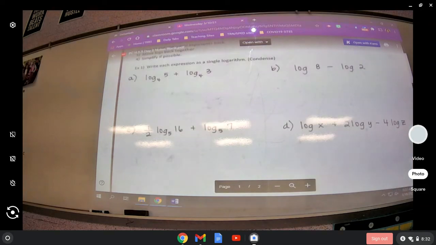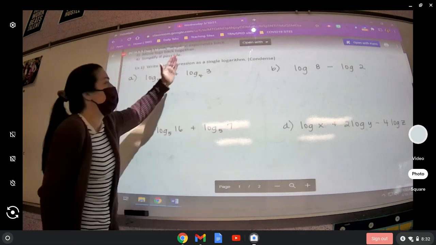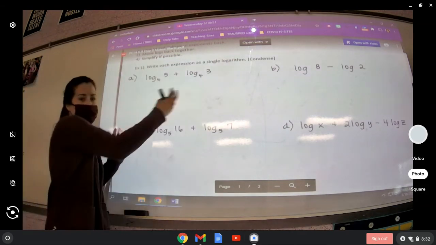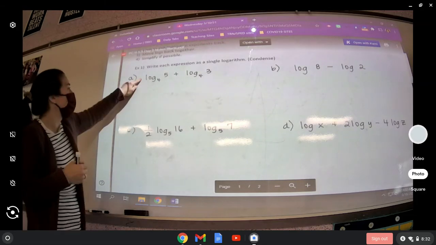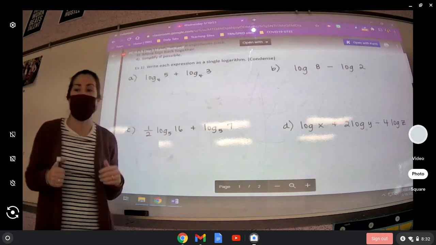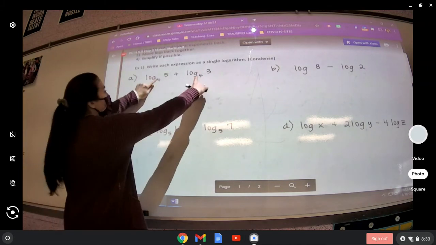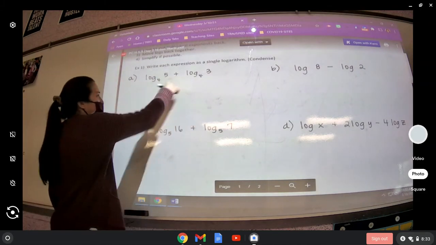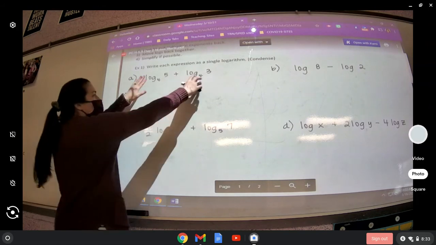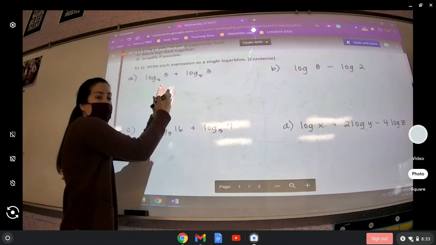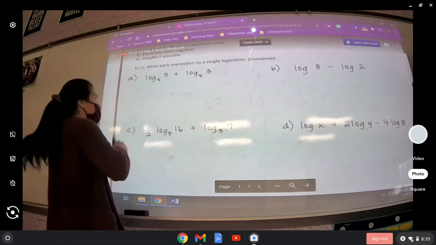The directions say, write each expression as a single logarithm. Right now, I don't see parentheses that I have to do inside of first. I don't see any exponents or factors out in front that need to go back up. I literally have two base 4 logs that are being added. So if these logs are being added together, they can go back to being one base 4 log using multiplication.